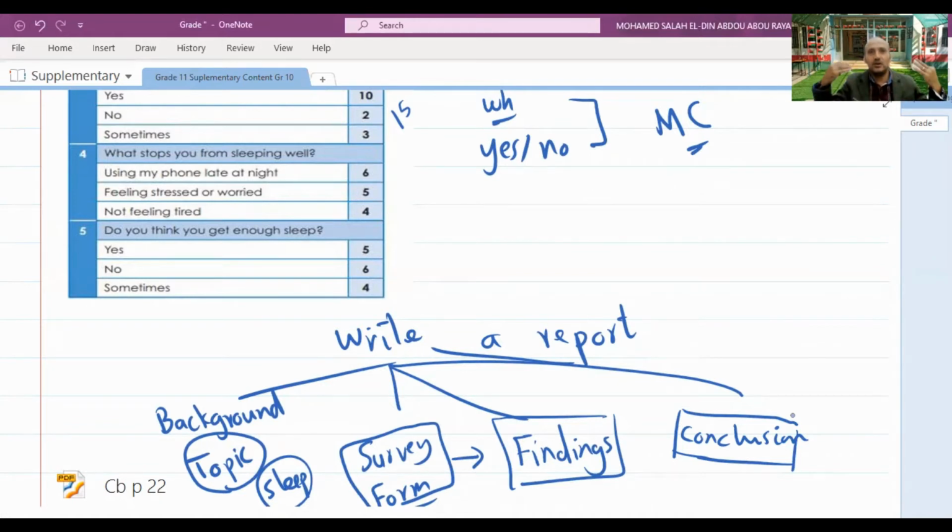For example, they should have a shower before going to bed. They should have some hot drinks before going to bed. So in conclusion, you give what is the final result, and you also give some advice. You can make some recommendations.